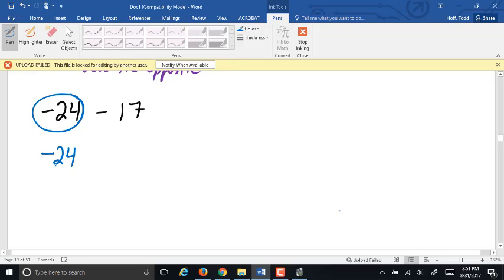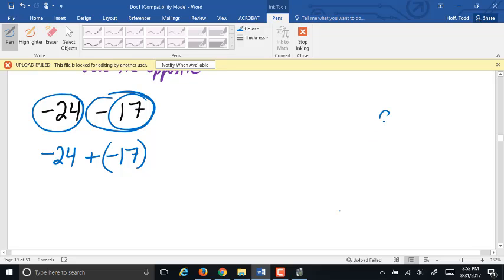That will never change. What changes is the operation, the subtraction, and the number that comes after it. So that subtraction becomes plus. What's the opposite of 17? Negative 17. So negative 24 minus 17 is equivalent to negative 24 plus negative 17.